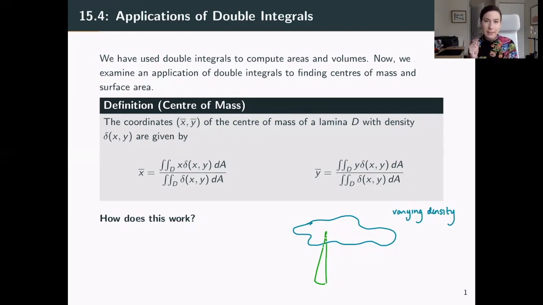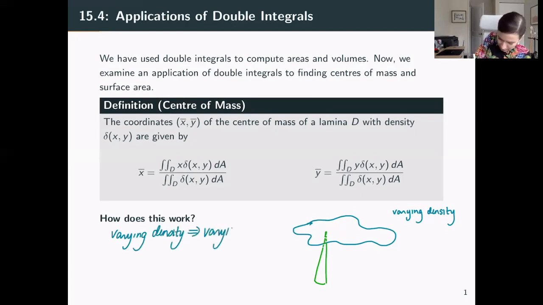The key thing to maintain, the most important thing to bear in mind here, again, is that varying density is going to result in a varying mass. But here, we're talking about varying mass at a point.